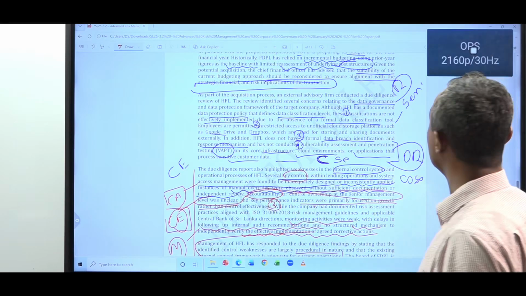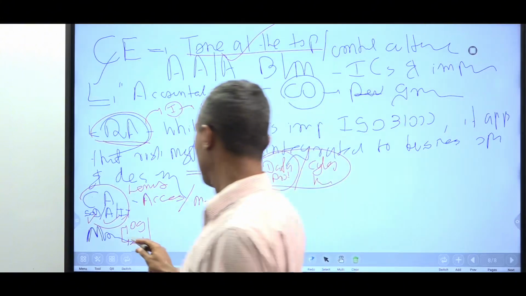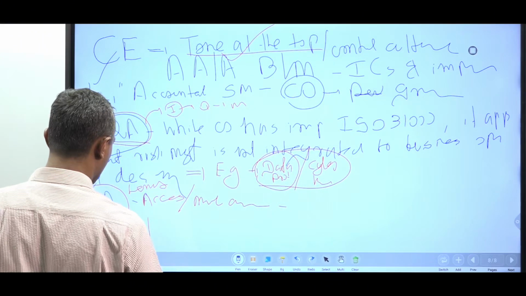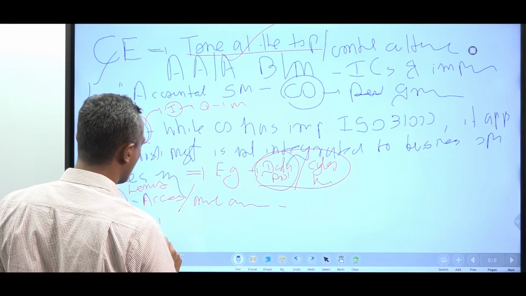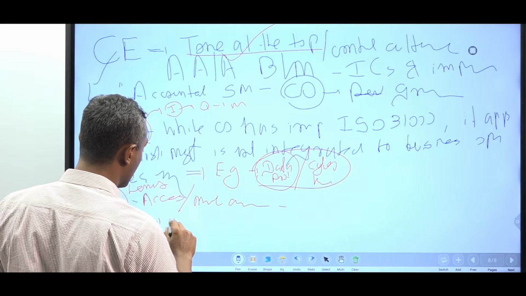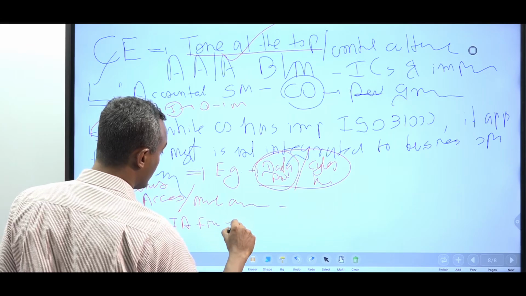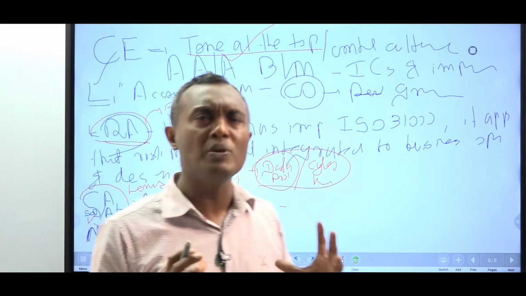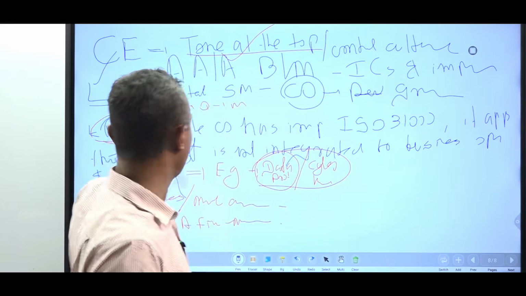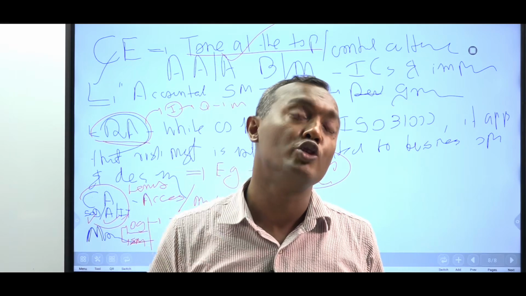See, independent, ongoing monitoring, separate. So here they talk about internal audit findings not being followed up. It's very simple, students. Once you know these things, if you are thorough, you can easily bring from the case study and build your answer.